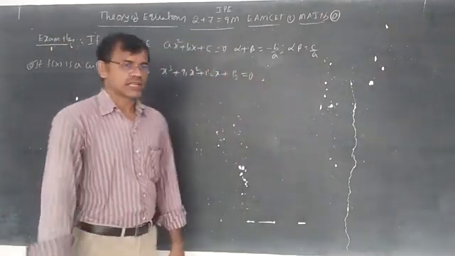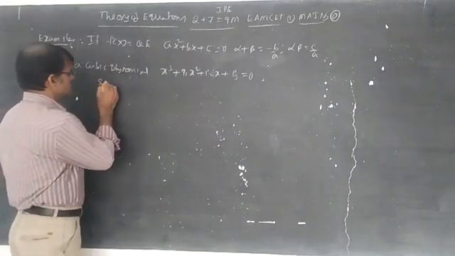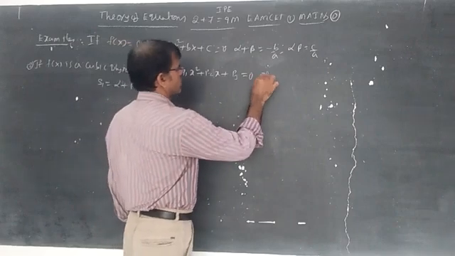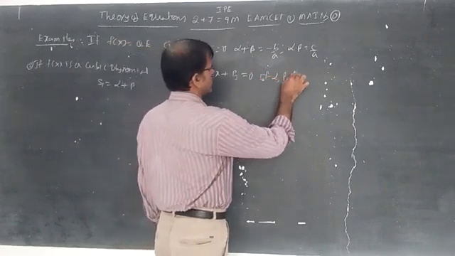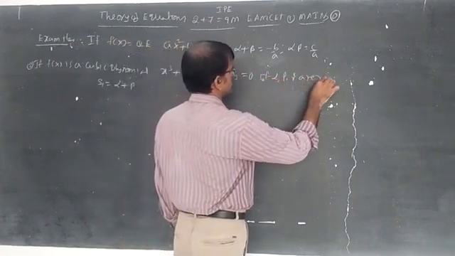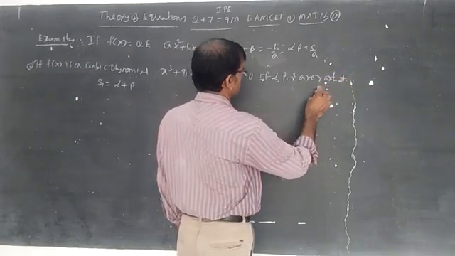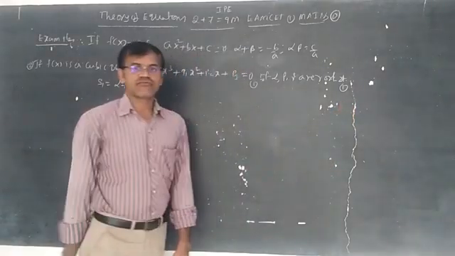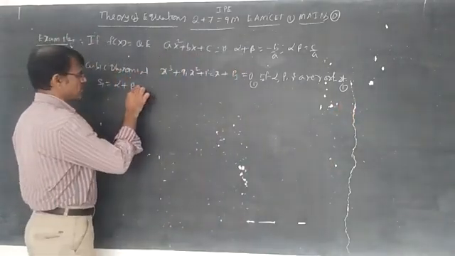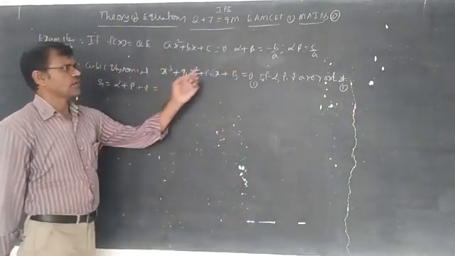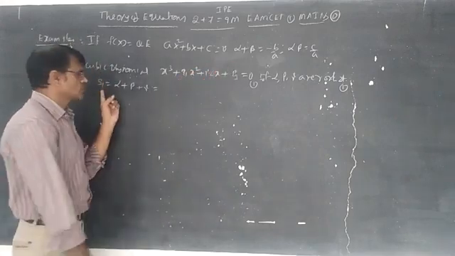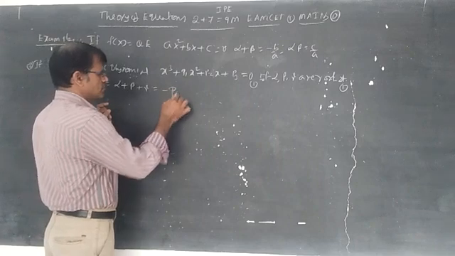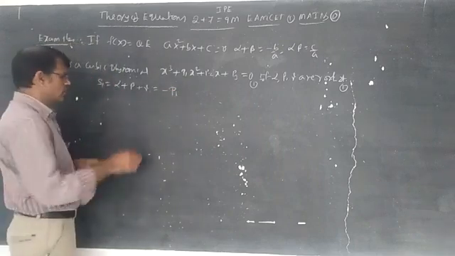If alpha, beta, gamma are roots of this cubic equation, let S1, alpha plus beta plus gamma, be the sum of roots. Here S1 means sum of roots taken 1 at a time. You can write minus P1. It is a useful formula.